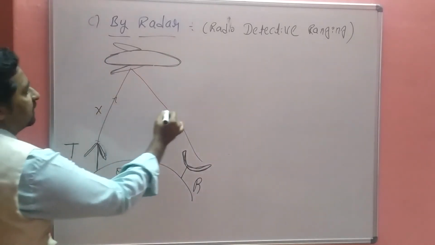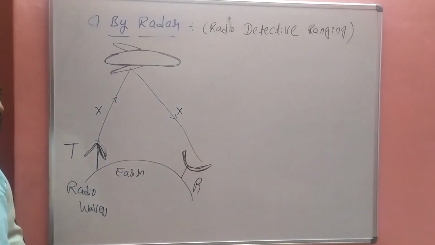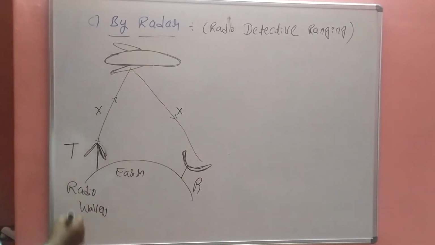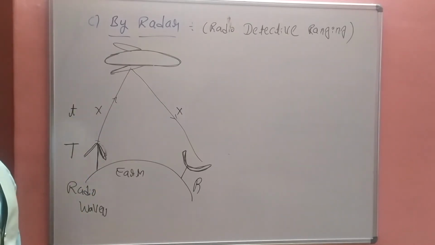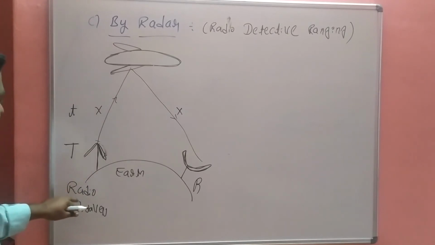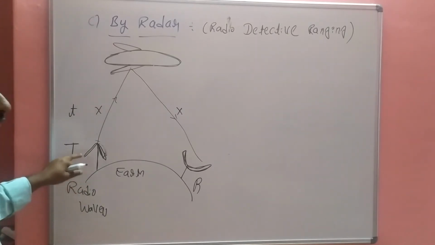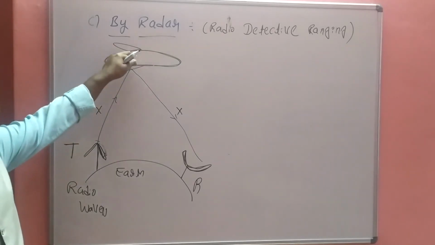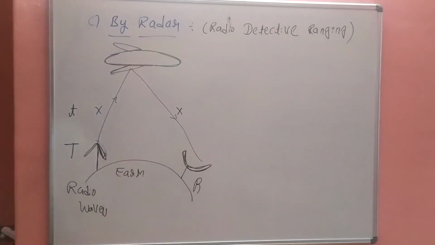This is x, this is x. So the total distance covered by the signal is 2x. The time is how much? Time is t. The time taken by the signal to reach from the transmitter to the object and from the object to the receiver is the total time.